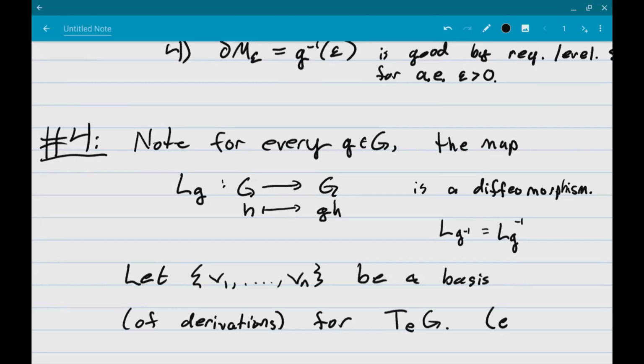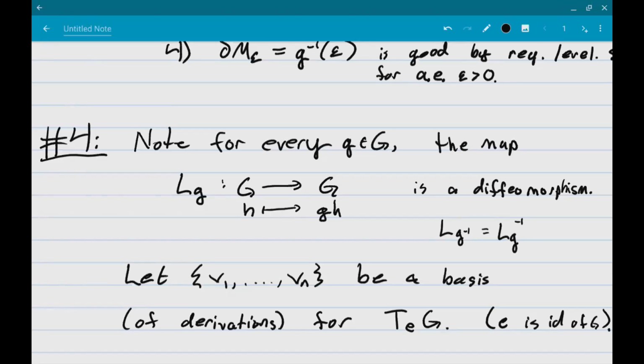So e is the identity of my group G. And the idea behind the rest of the proof is that I'm going to use these functions, L_g, to push these basis vectors to all of the other points. And those are going to define vector fields, right?